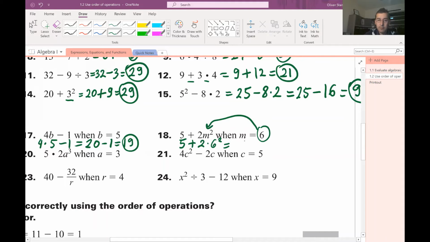So we have 5 plus 2 times 6 times 6. 6 squared is 6 times 6, which is 36. Now we have addition and multiplication. Multiplication is the operation that's being done first. So this will be 5 plus 2 times 36 is 72. And 72 plus 5 is 77.